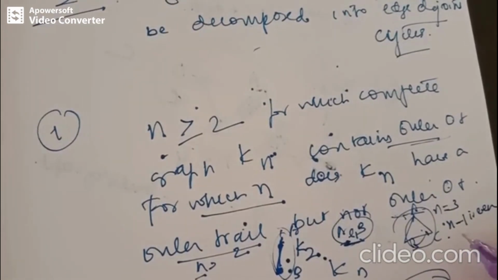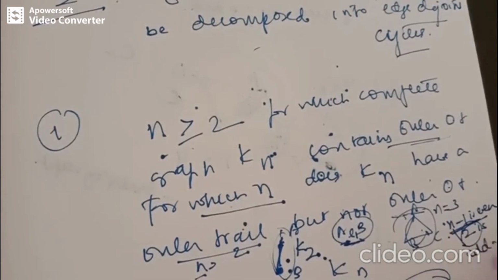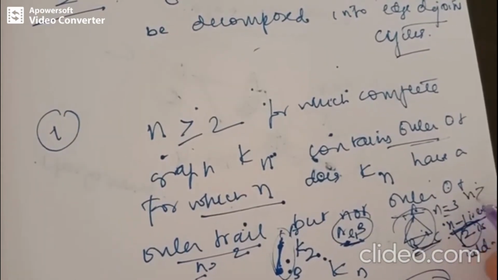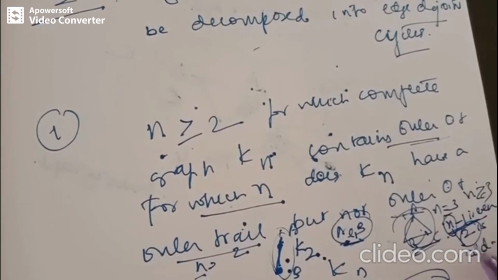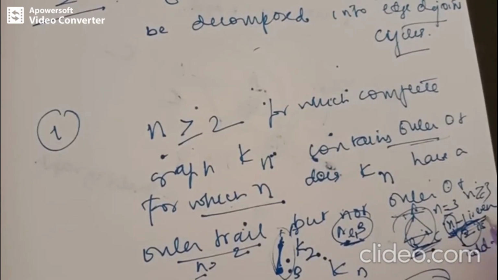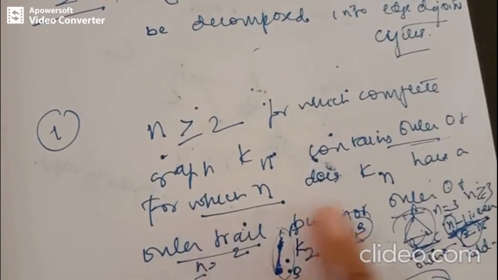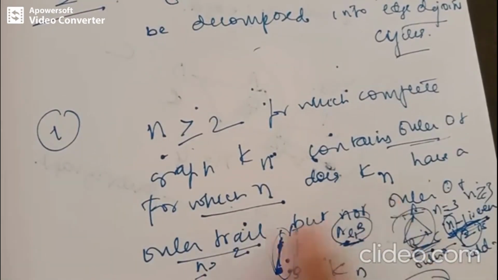So this happens if n minus 1 is even, or the number of vertices has to be odd. So for n greater than or equal to 3, the number of vertices has to be odd. Only then we can get n minus 1 as even, and if we get n minus 1 as even, then we can say it is a Euler circuit. So we have proved for which value of Kn we are going to get a Euler trail, and for which value of n we are going to get a Euler circuit.